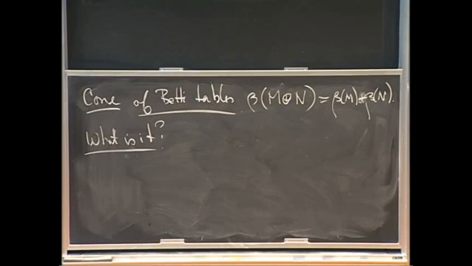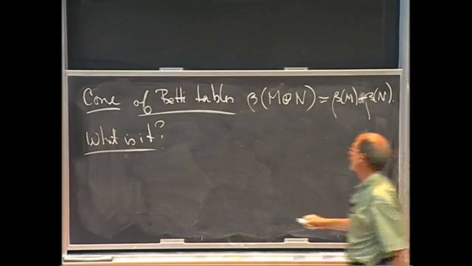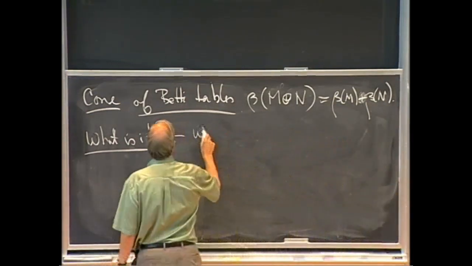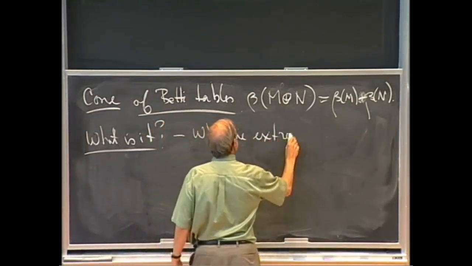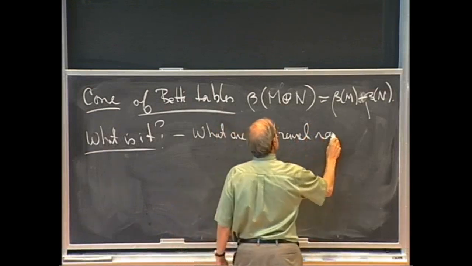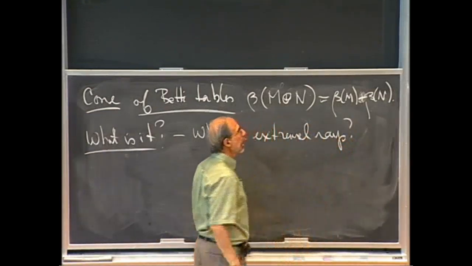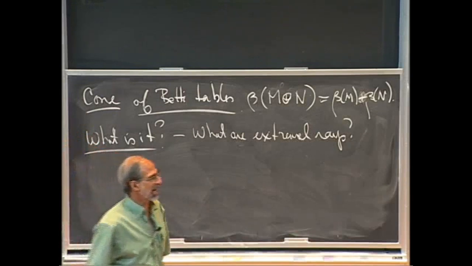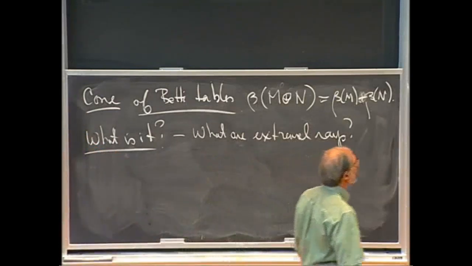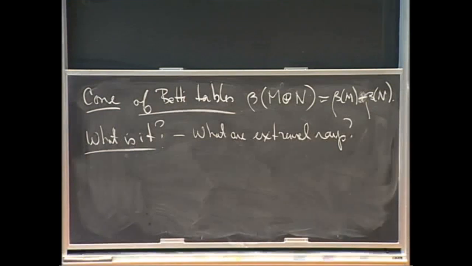So we have to ask, what are the extremal rays? It's a sort of more refined version of this question. Well, there are some sort of obvious things to say. First of all, if you take the sum of two things, then the number of entries in your table can only go up, right?